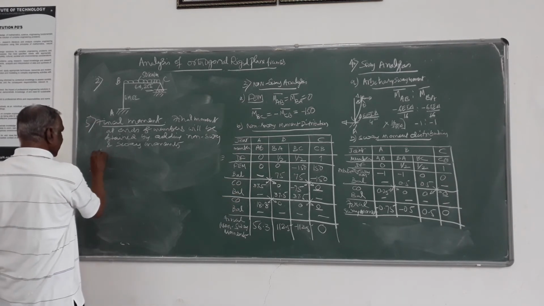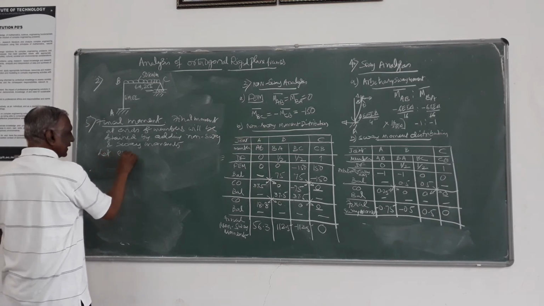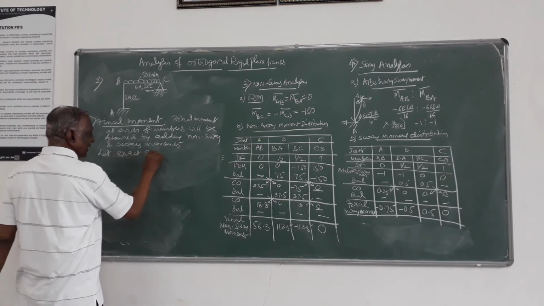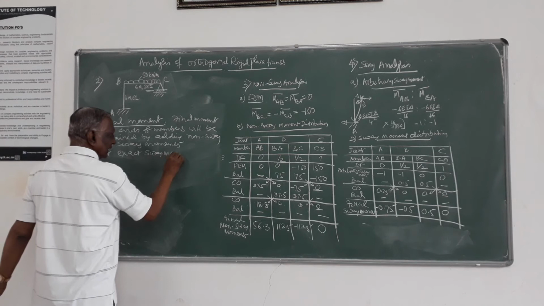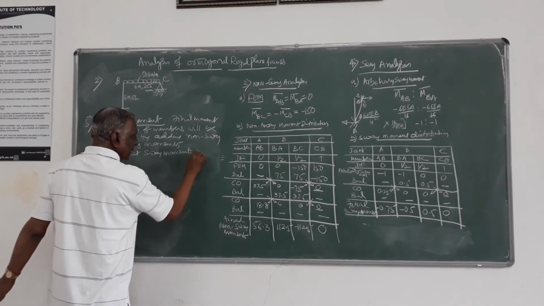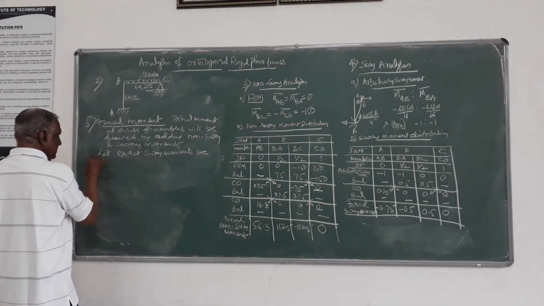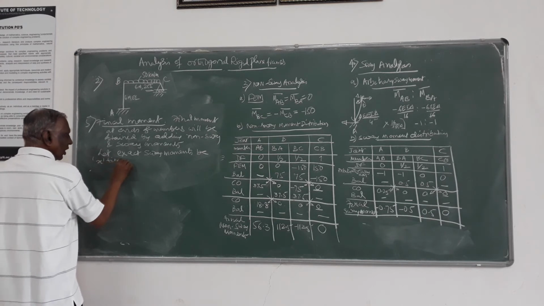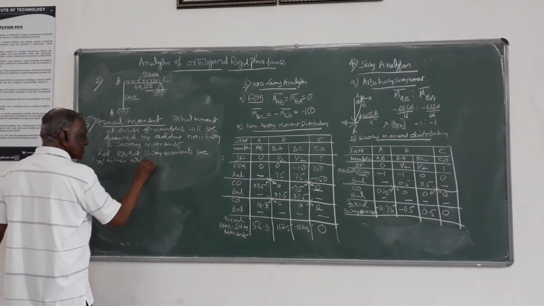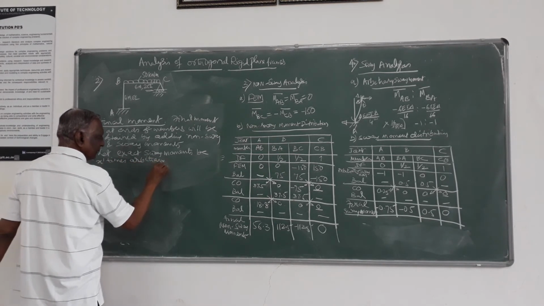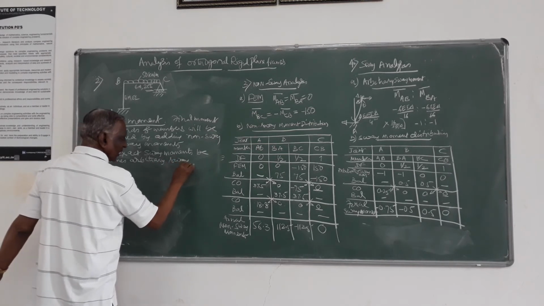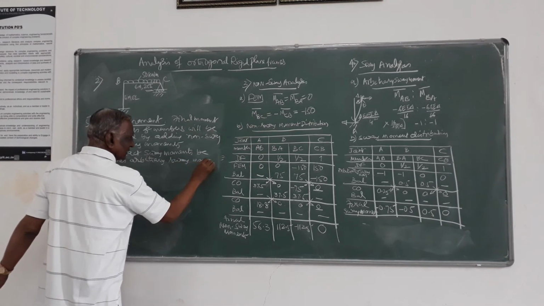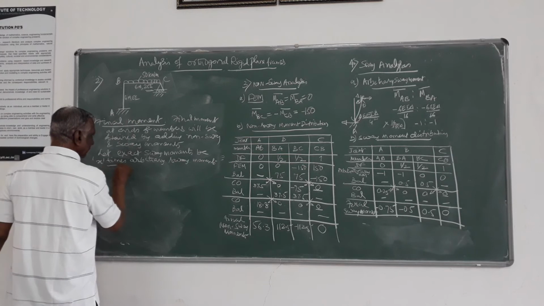So here I will say let exact sway moment be x times arbitrary sway moment. This is one extra thing you have to remember.